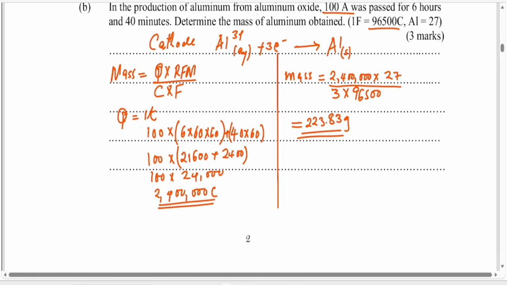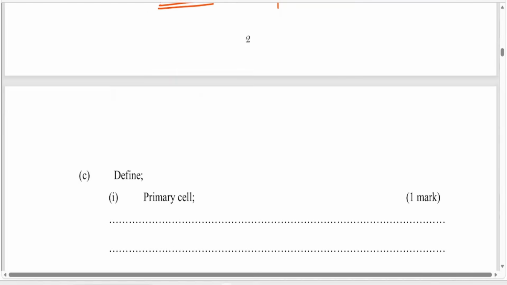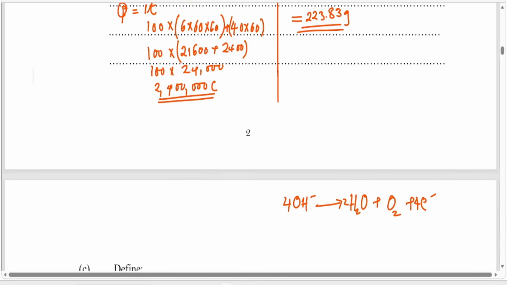When the substance is a gas, learners, we need to understand that if the substance is a gas, like in the case of the preferential discharge, whereby we discharge the hydroxide and we obtain water, oxygen, and electrons, which are always 4, the formula is just replaced.